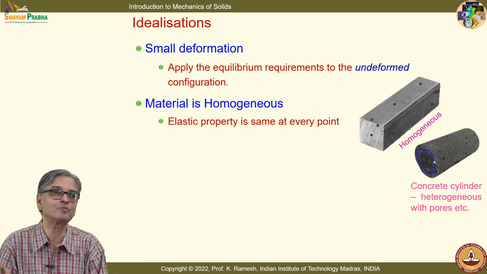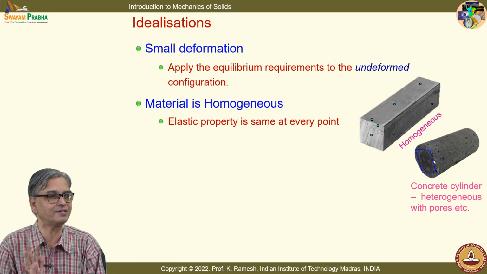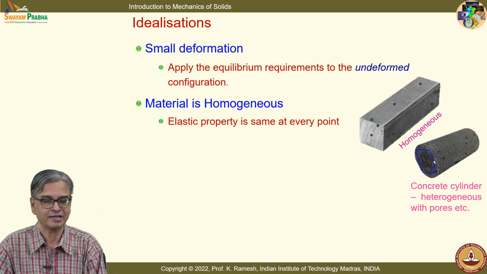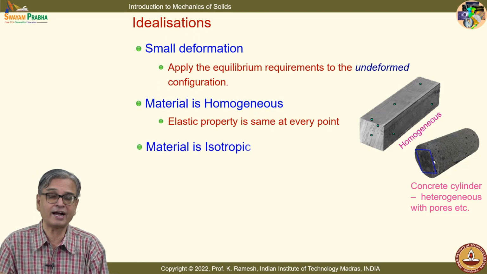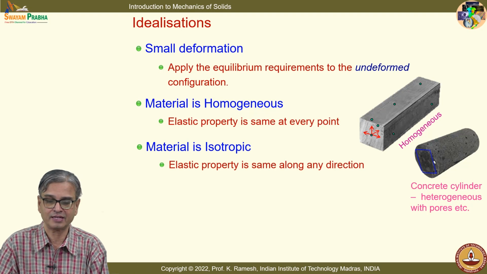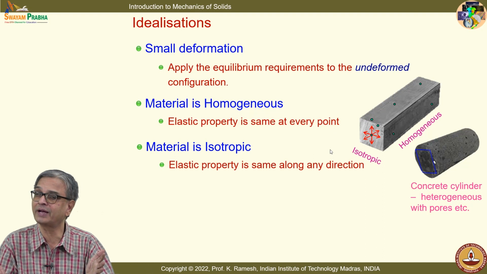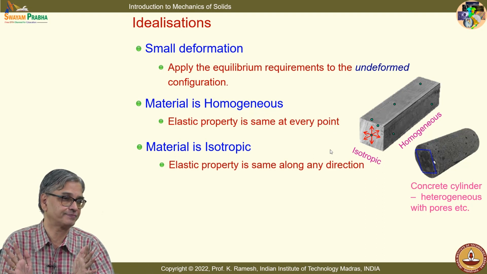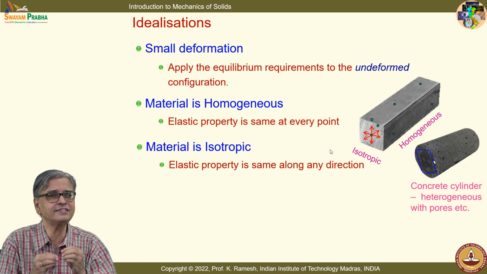It's definitely not homogeneous, but you analyze it as homogeneous, that is a different story. Okay. And you also idealize that the material behaves in an isotropic fashion. You take any direction, the elastic properties remain unchanged. Okay. These are all idealizations that make your life simple.